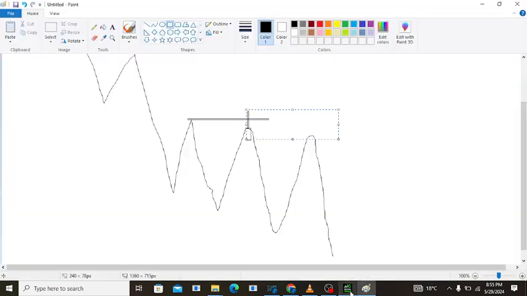Even if this is a high probability setup, even if it's during, okay, for a prime setup, I need my relative high time frame structure.